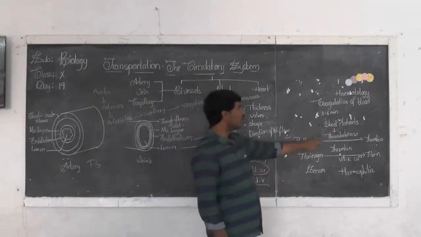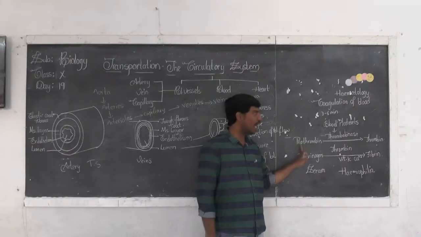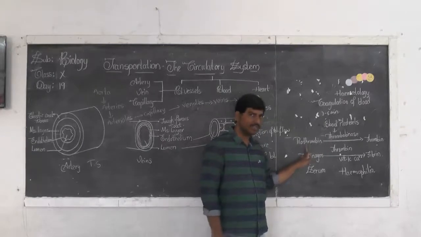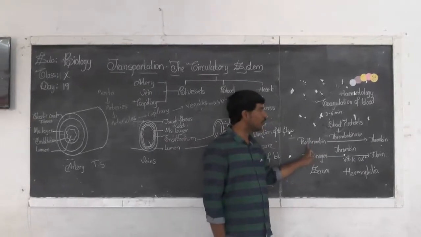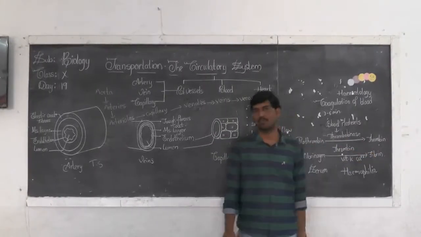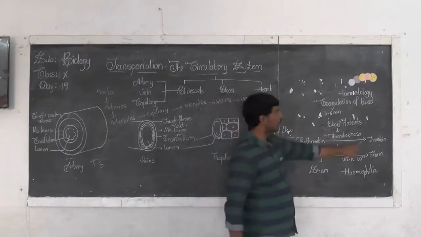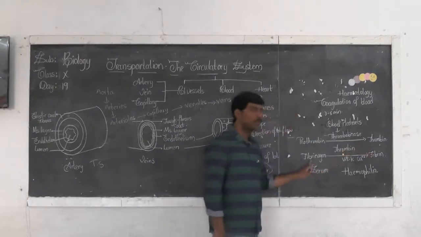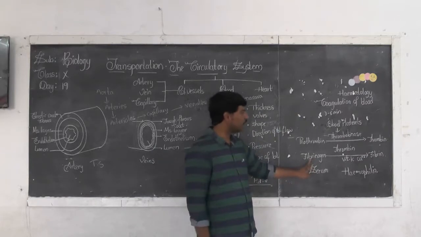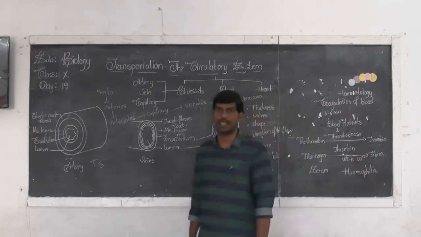Now, this thrombokinase acts on the dissolved prothrombin, which is already soluble. So that soluble prothrombin is converted to insoluble thrombin. Now, this thrombin acts on soluble fibrinogen and converts it into insoluble fibrin.